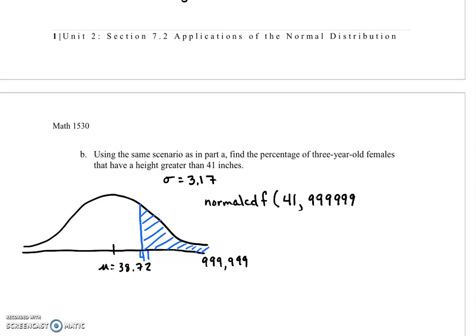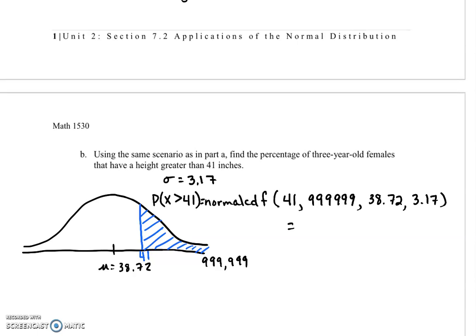Do not put commas in the 999,999 in the calculator because it will confuse it, because it uses commas to separate these things. Then we put the mean, and then the standard deviation, and we should have said that's the probability that x is greater than 41.